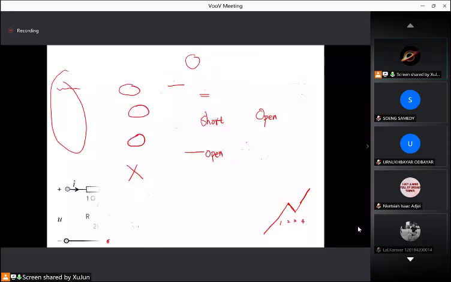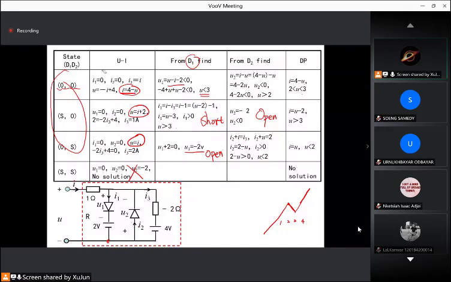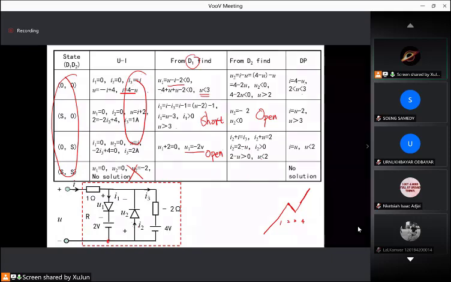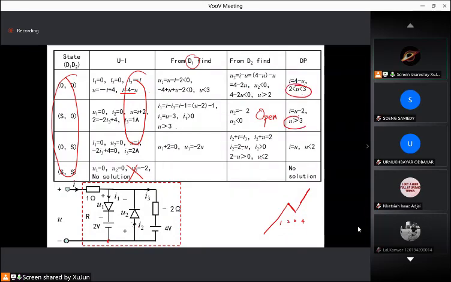We assume the 4 states at first, and then find every case's UI solution. Then from the UI solution, we find the case condition. We assume it's open, then we judge if it will be open. If it is, we can find the solution. So this is the promise state method for a circuit containing nonlinear diodes.